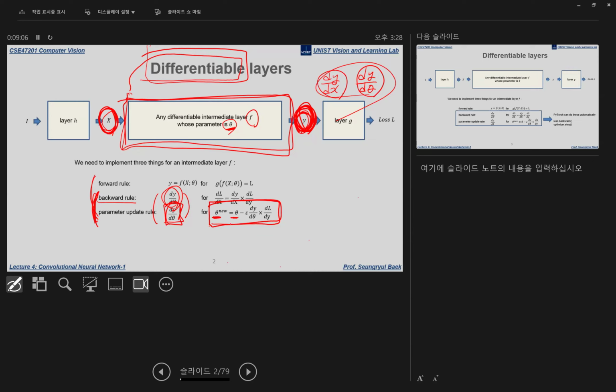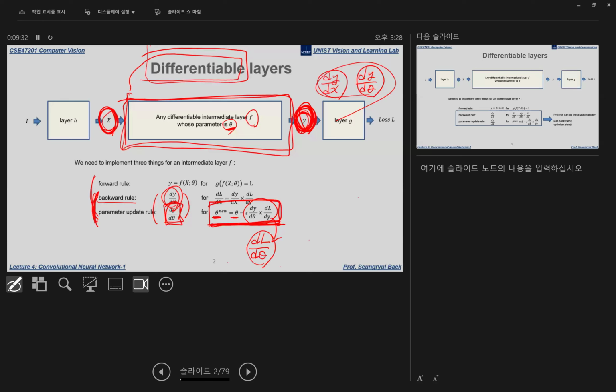So the entire θ has to be updated using the gradient descent rule, right? And to do that, we have to calculate the differentiation of the final loss with respect to each layer's parameter θ.